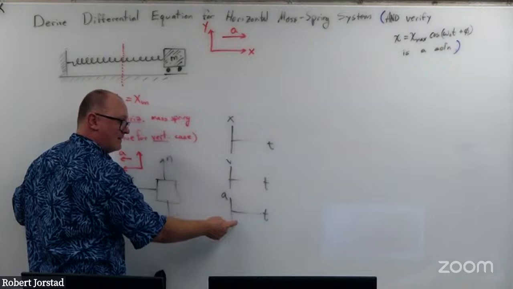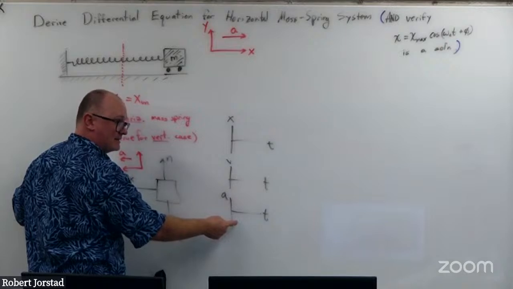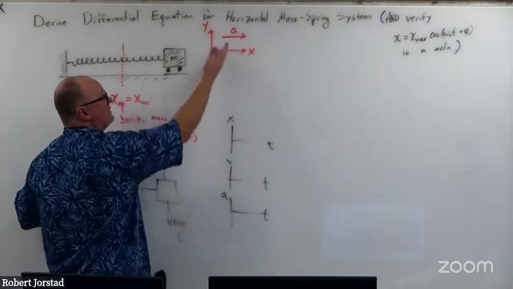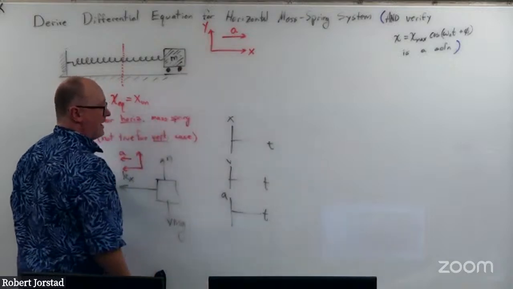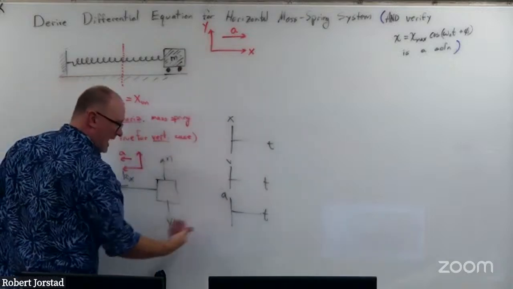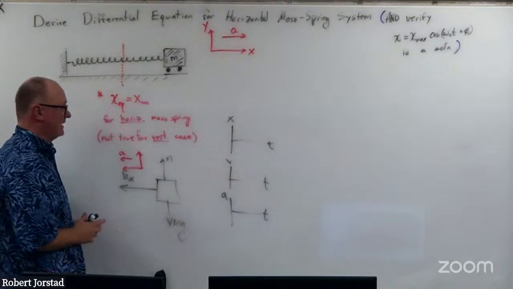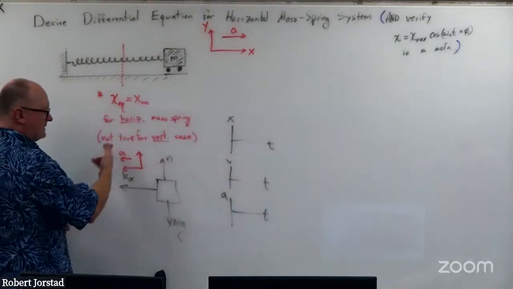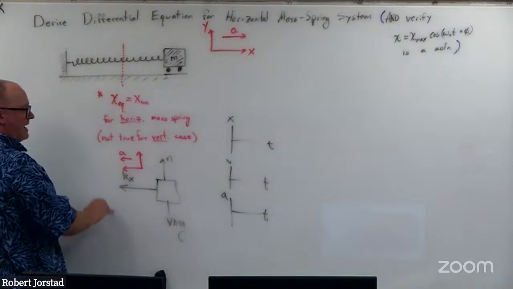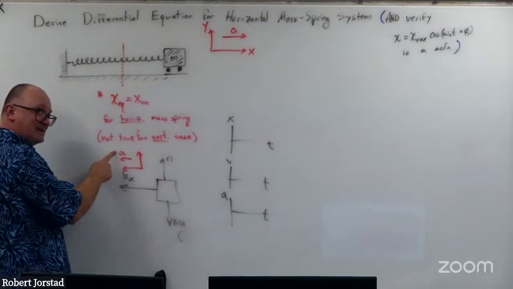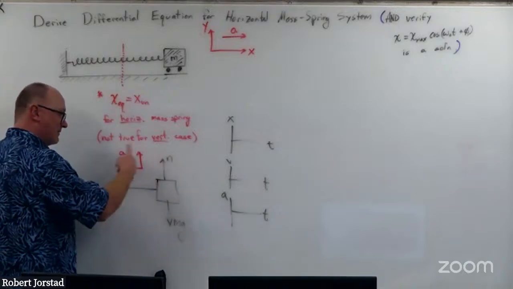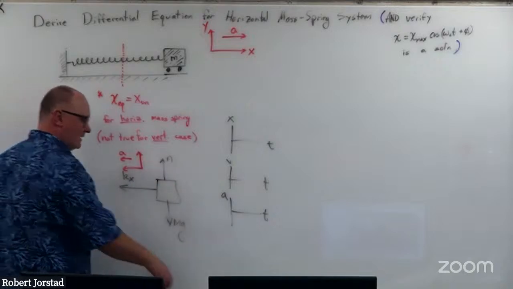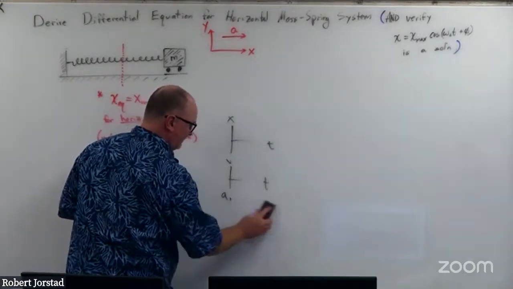A negative value means accelerating to the left. So this is how you make the free body diagram match up to your plots. And that's kind of a subtle thing. Again, we oftentimes use this type of free body diagram, where everything is a magnitude, including the acceleration. That's not what we're going to do here.